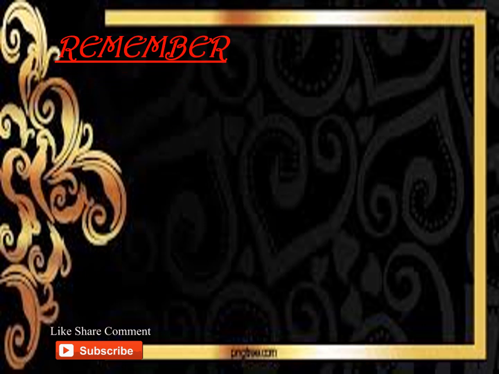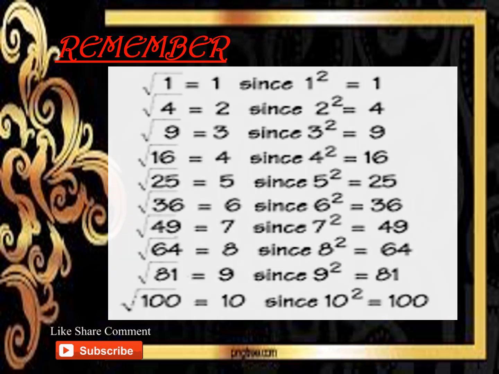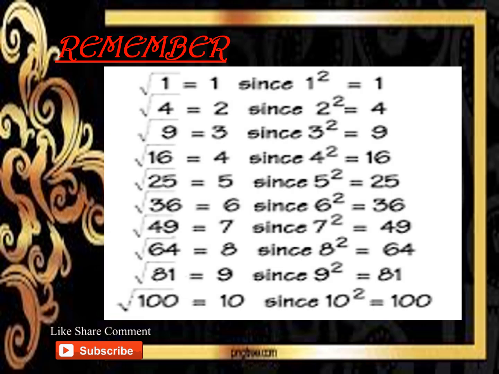So remember, these are all perfect square numbers: 1, 4, 9, 16, 25, 36, 49, 64, 81, 100, 121, and so on and so forth.